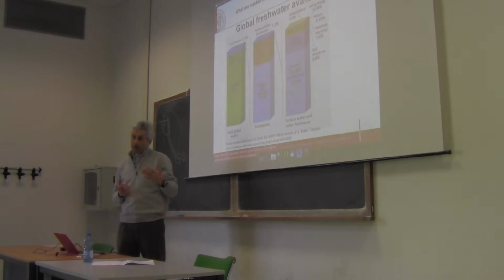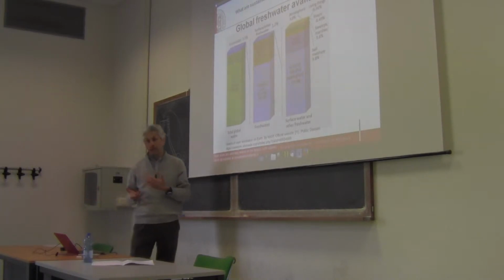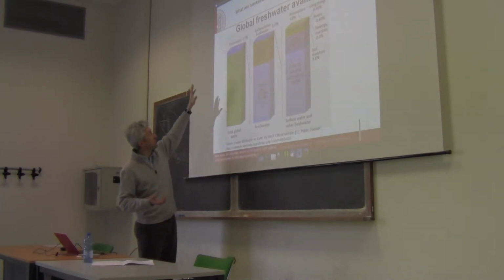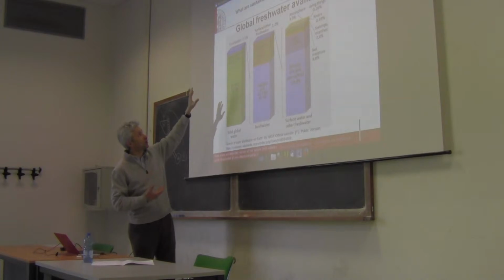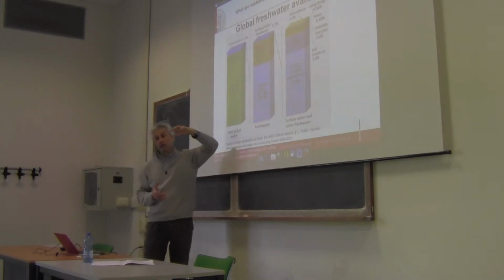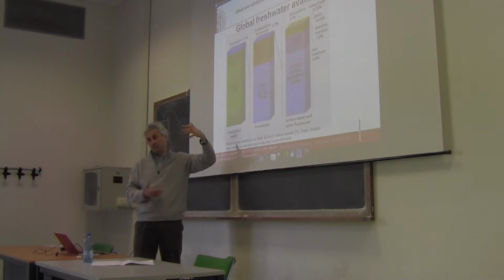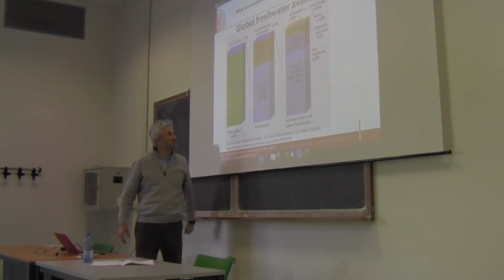But there are other internal lakes with a salinity that doesn't allow the use of water for civil use or for agriculture. And therefore, the total amount of fresh water available is, according to this estimate, about 2.5%, and some other sources say 3%, so the order of magnitude is 3%.